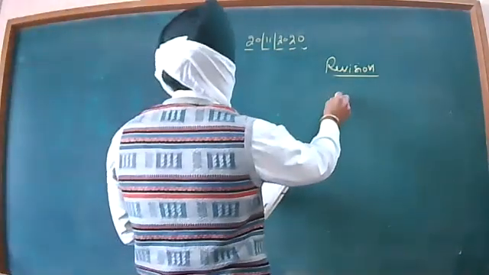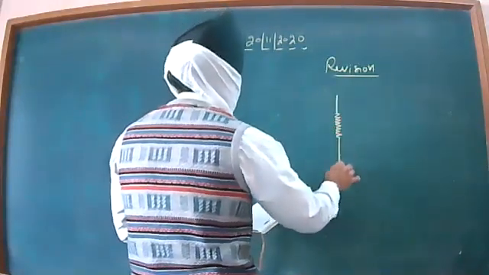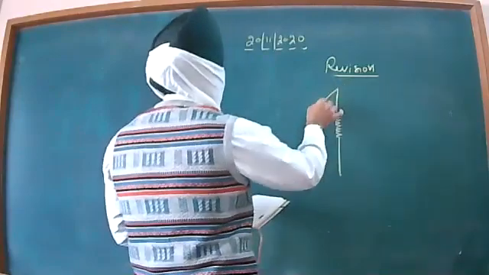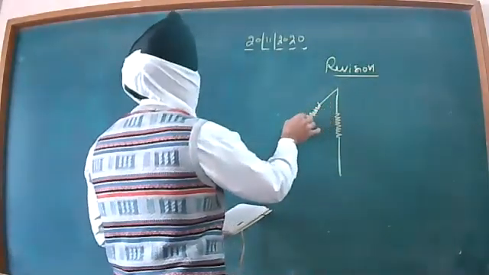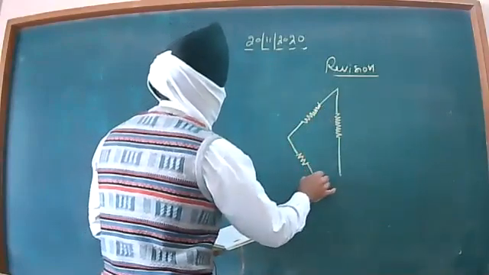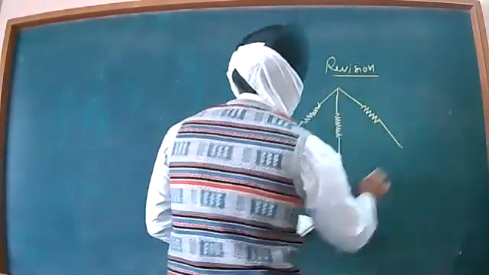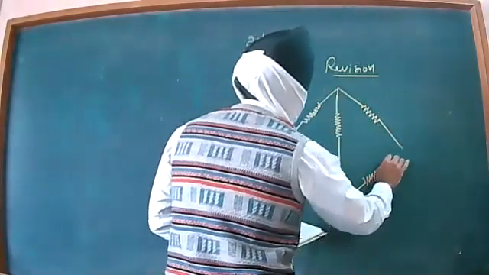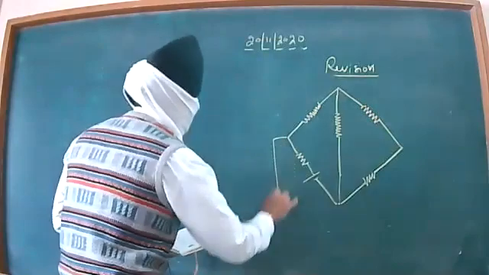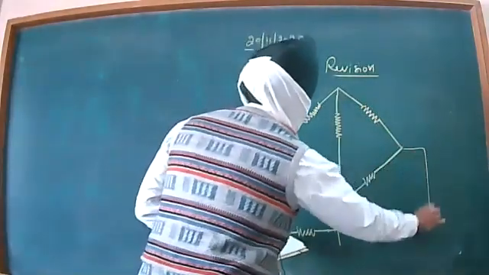I brought a circuit for you, let me draw that circuit. The circuit is something like this, children. This is a resistance given at the center, and here we have another resistance, and here another resistance. This is a cell given to you, and another cell connected in the external part also, this way.